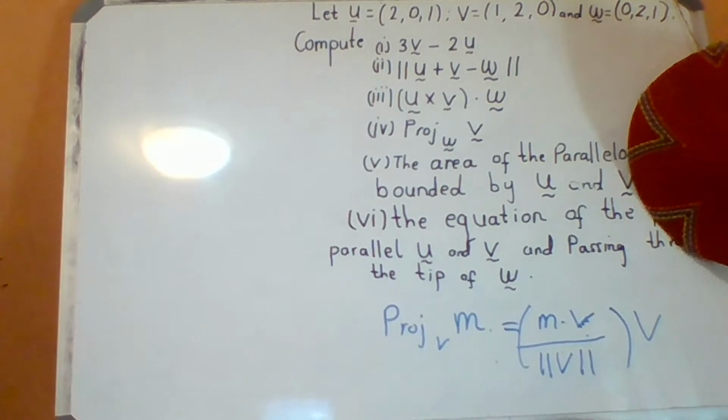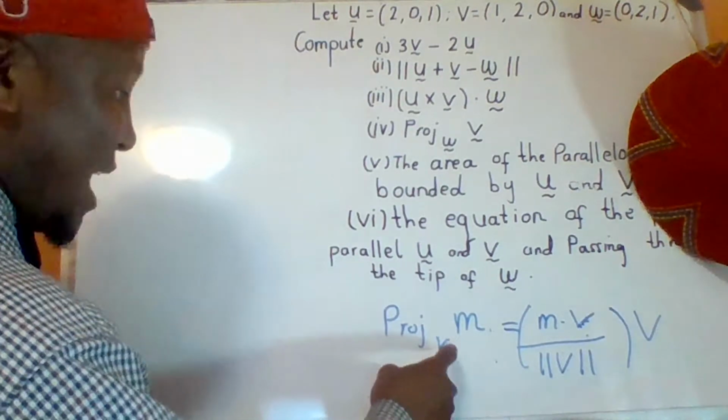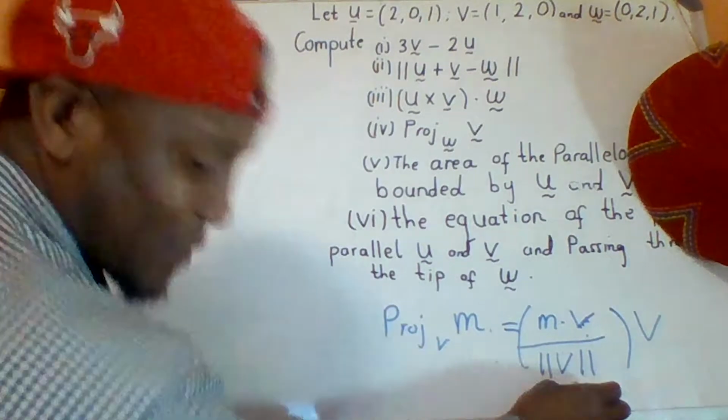Find the magnitude here, and after that you multiply all of this vector by this one here. That's how you get the projection of a vector.